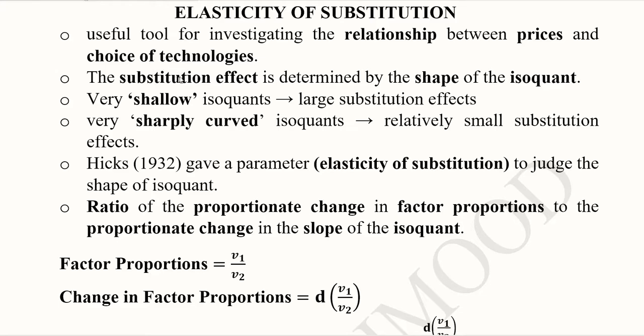This is basically based upon the substitution effect, as the name goes, that is substitution, and it can also help us to understand the shape of the isoquant curve. How much will be the substitution?